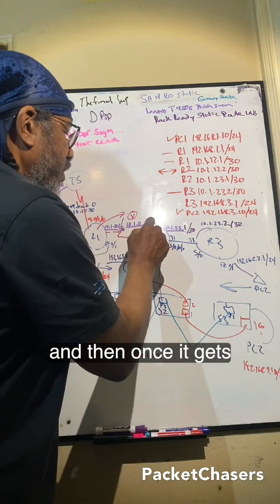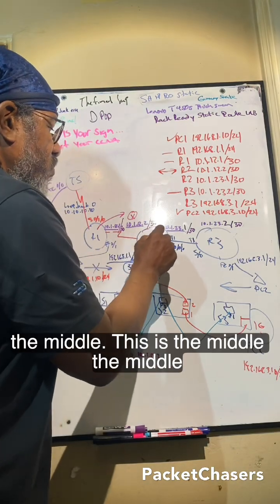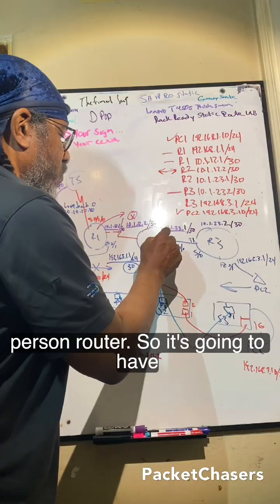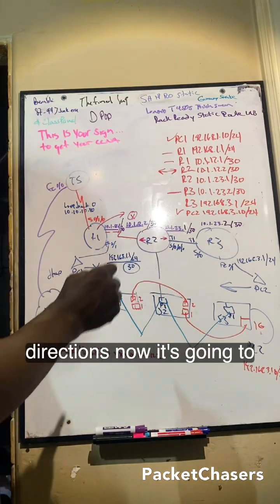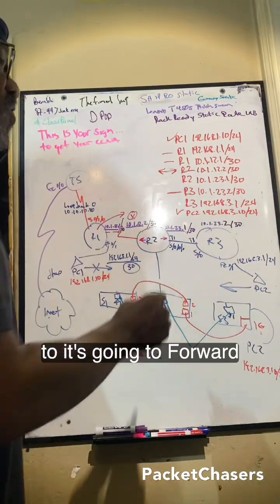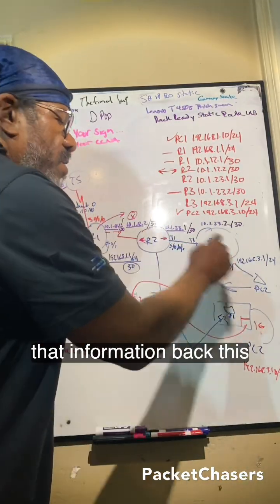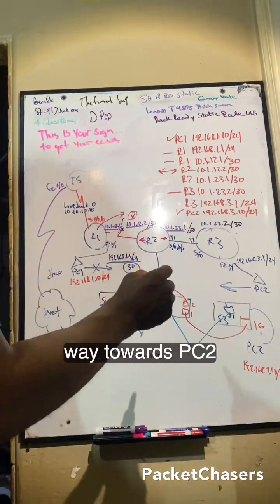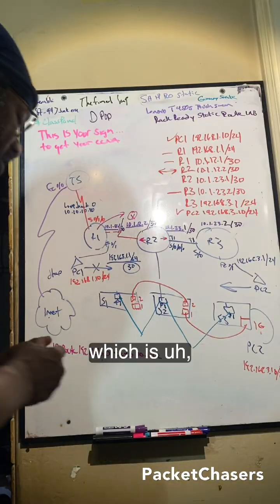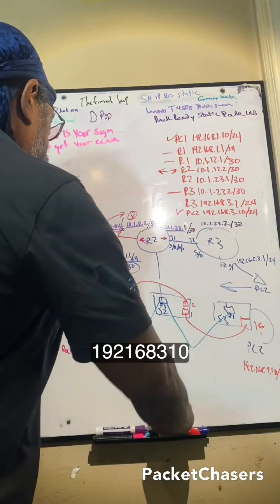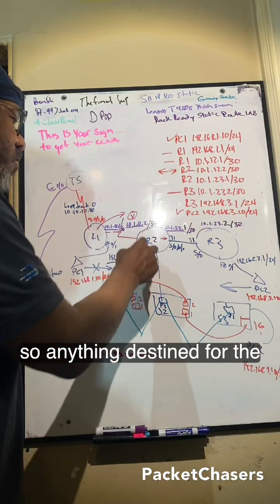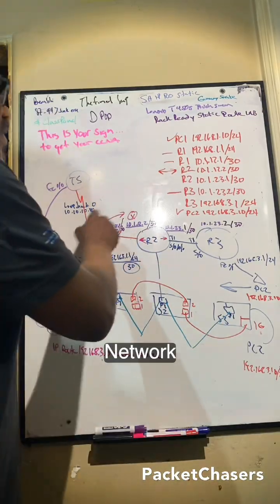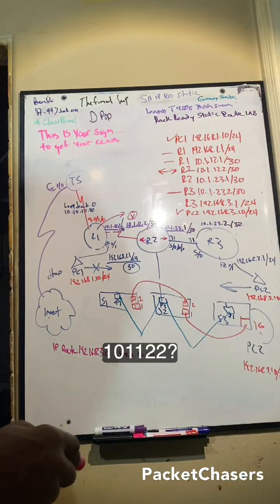And once it gets here, this is the middle router, so it's going to have routes to both directions. It's going to forward that information back this way towards PC2, which is 192.168.3.10.